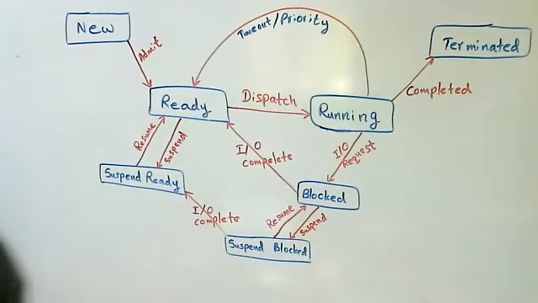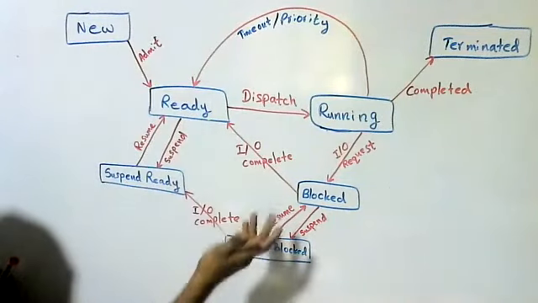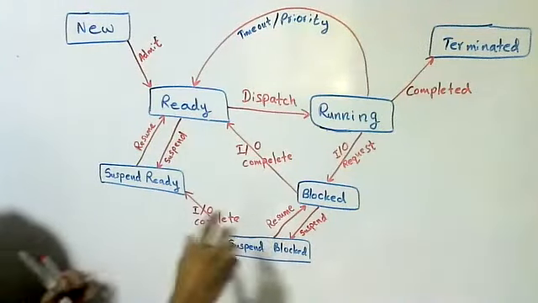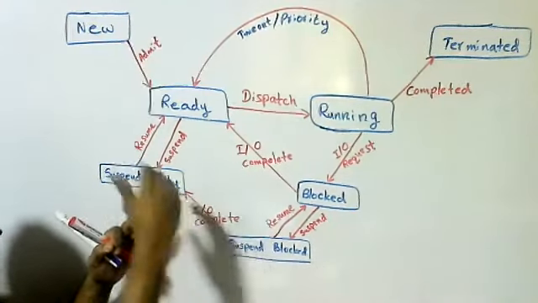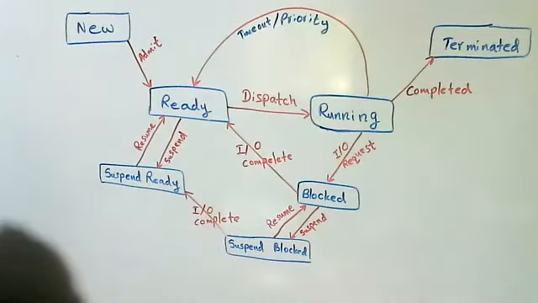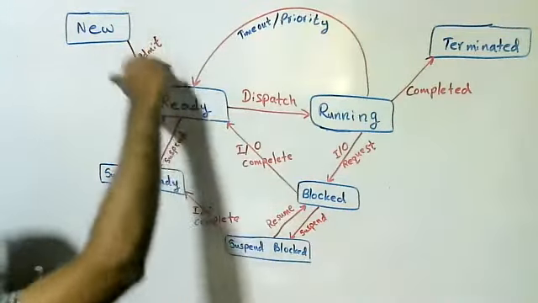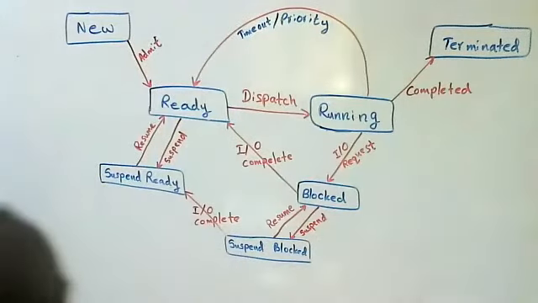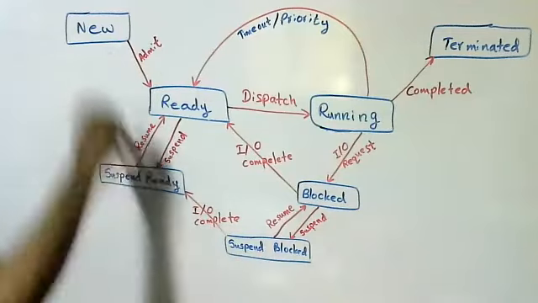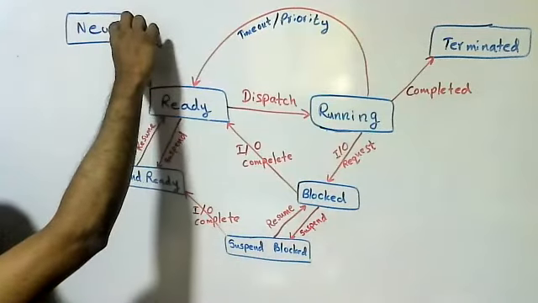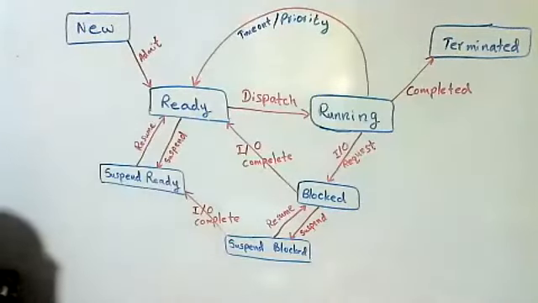Okay, so if you consider the new state, there are 3 kinds of schedulers. Schedulers means arranging the processes in an organized manner. That is called a scheduler. So 3 kinds of schedulers work in this 7-state process transition diagram, students. Because many processes can start their execution at the same time. It is possible.